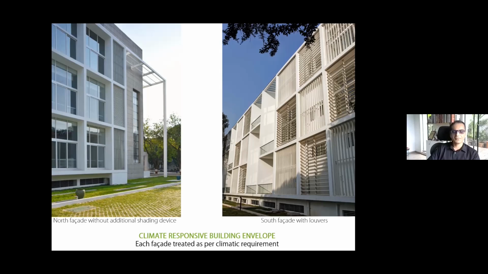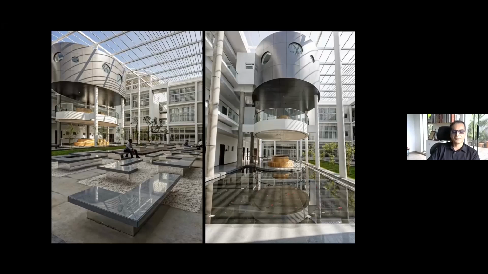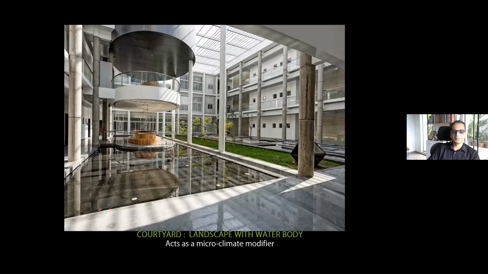Because it's open from the west, it brings the cool breeze and the wind, and it modifies the climate over there. So even though this building is a VVIP circuit house, the entire building is not air conditioned. Only a few parts of the building are air conditioned. I'm just showing you another view of that courtyard.